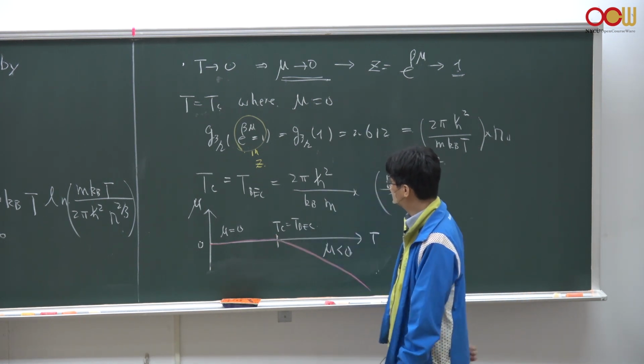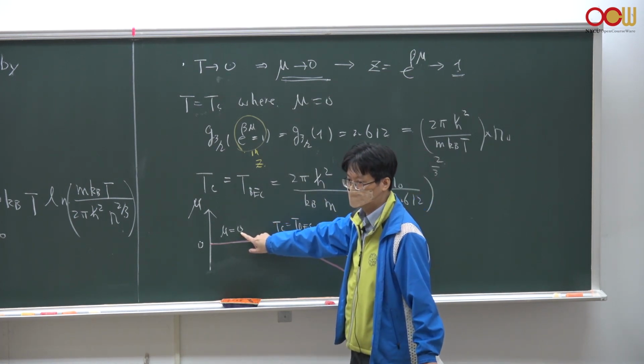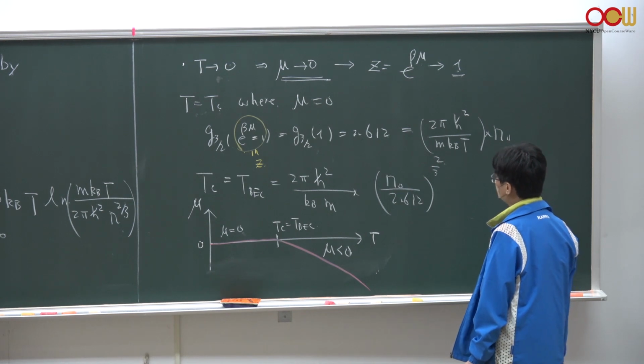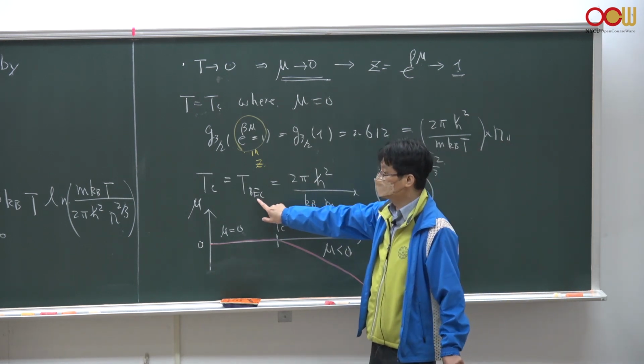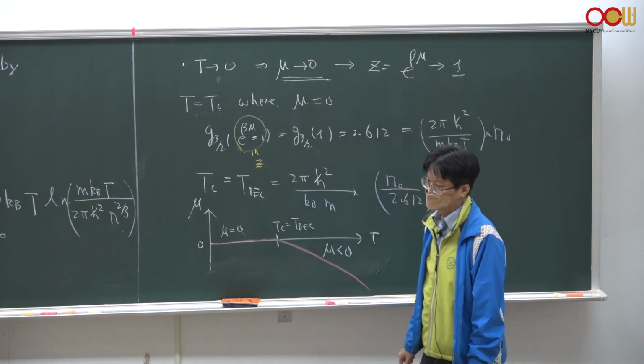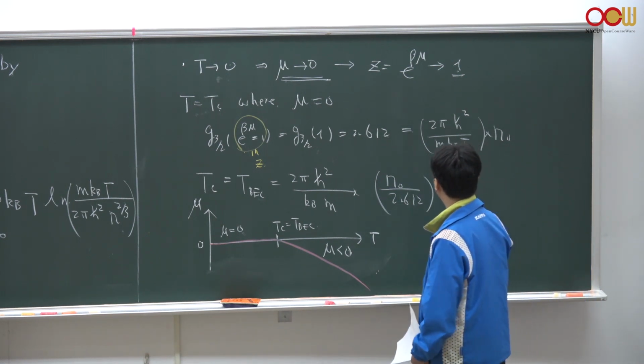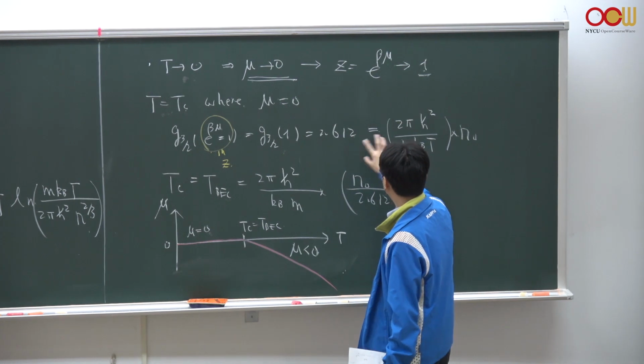When that happens, mu is strictly speaking 0. This is called the BEC temperature, the Bose-Einstein condensation temperature, which is given by this relation here.